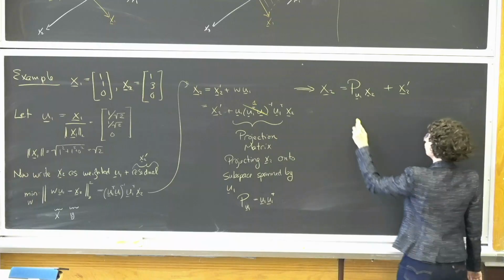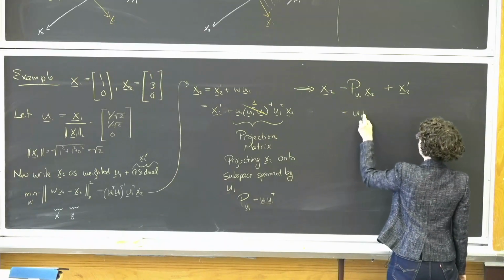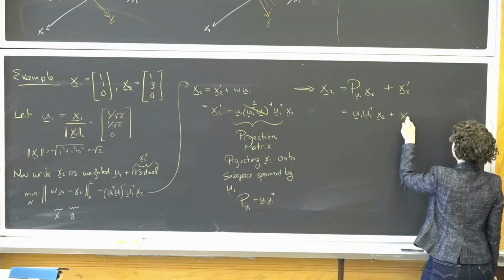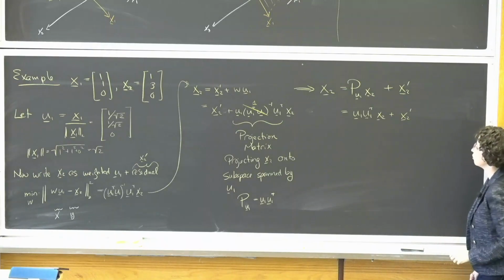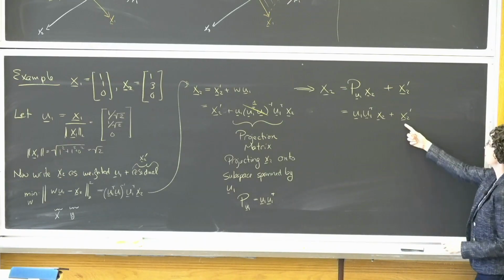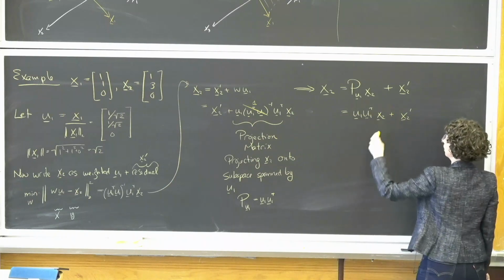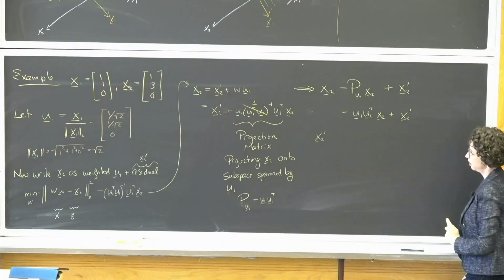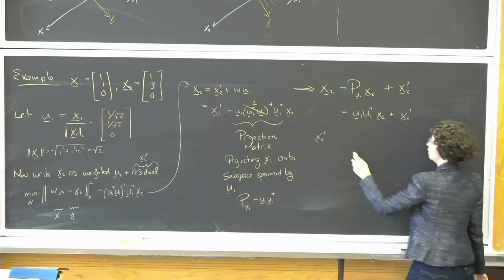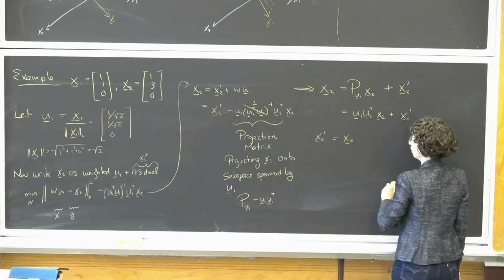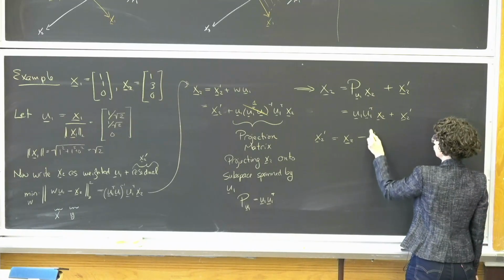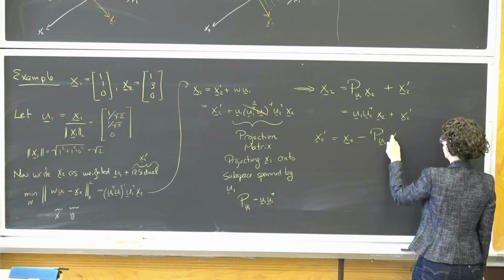Okay, so x2 we are going to write as simply u1 u1 transpose times x2 plus whatever is left, x2 prime. And so now I'm going to just rearrange the terms, and write that x2 prime, this residual that we care about, is simply x2, the original point in our data set, minus this projection onto u1 of x2.